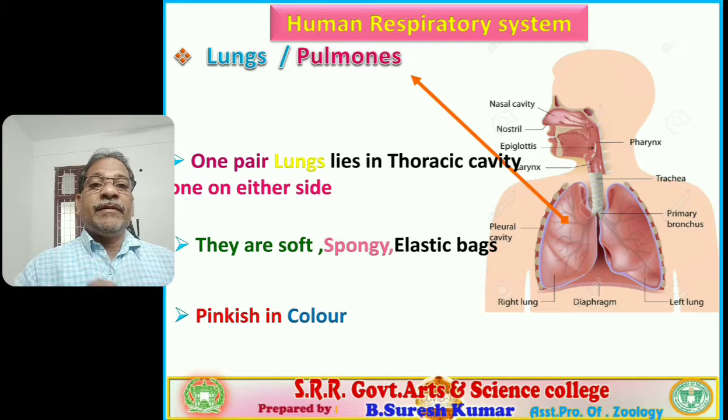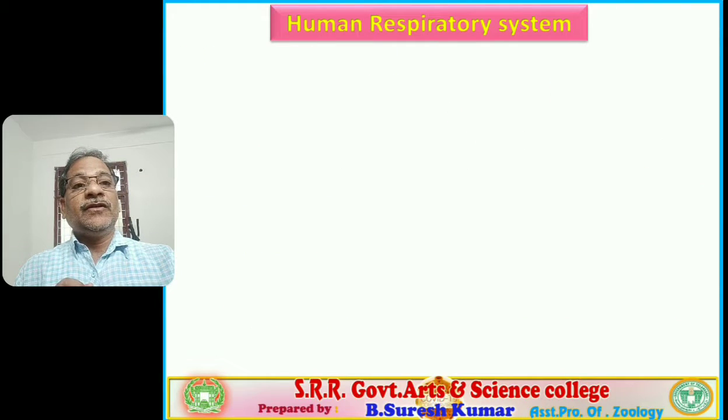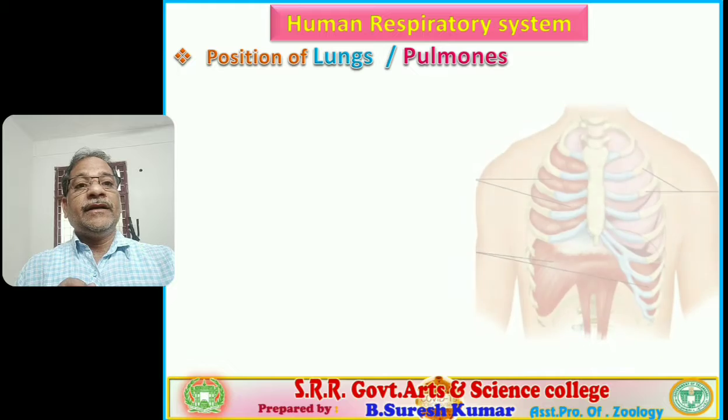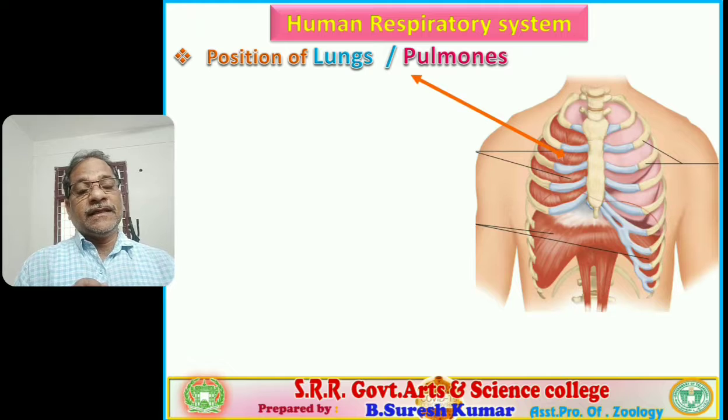So the human lungs are soft, spongy and elastic bags. They are pinkish in color. You observe the visual I already exposed. Right. Next, let us discuss the position of the lungs in our body.